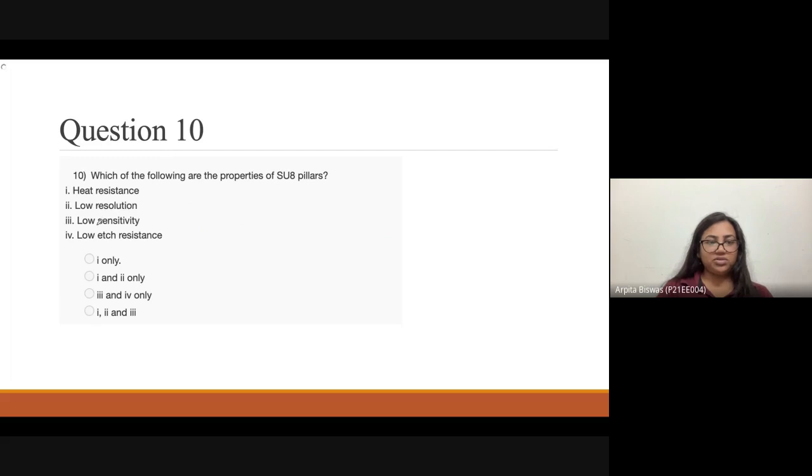The third option is low sensitivity and the fourth option is low etch resistance. So, which one is the right answer? The first option is one only, and the second option is one and two only, and the third option is three and four only, and the fourth option is one, two, and three. So, which of the following are the properties of SU8 pillars?